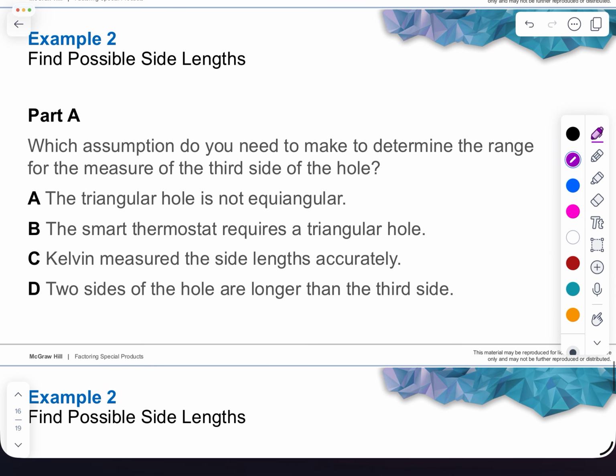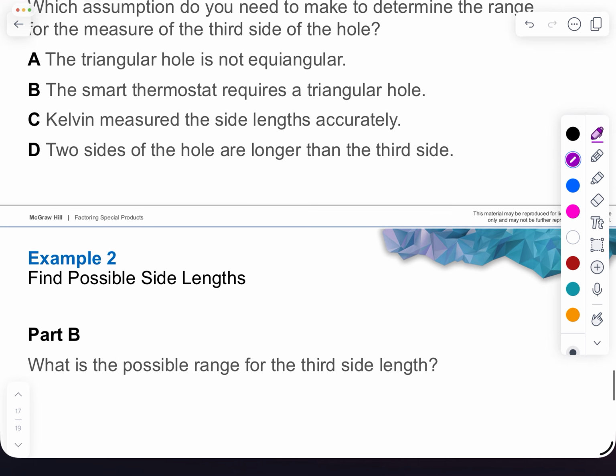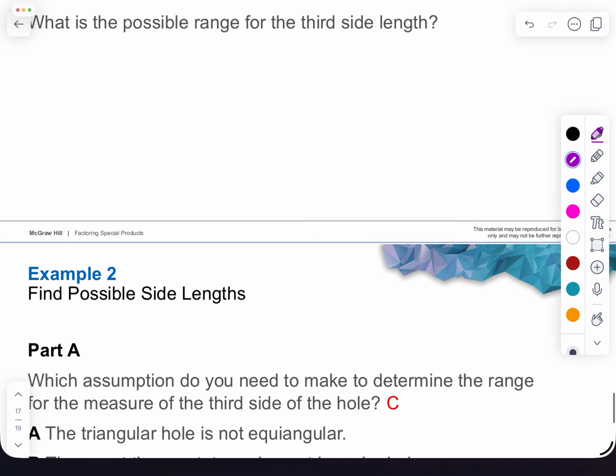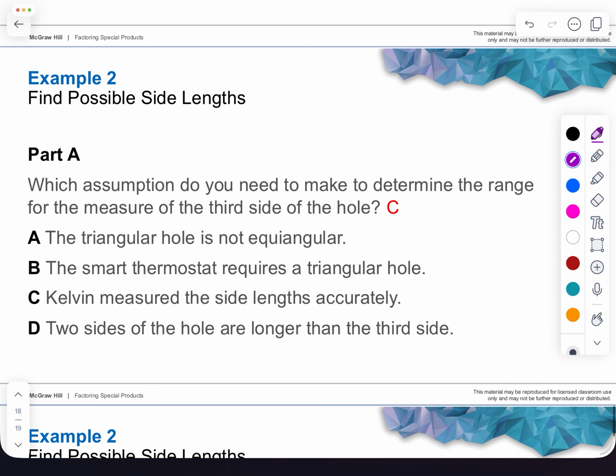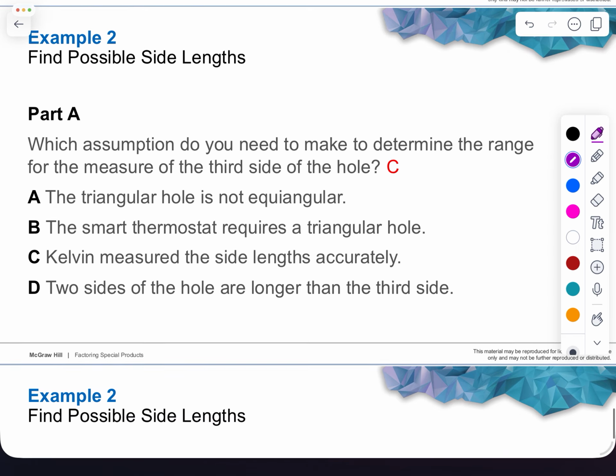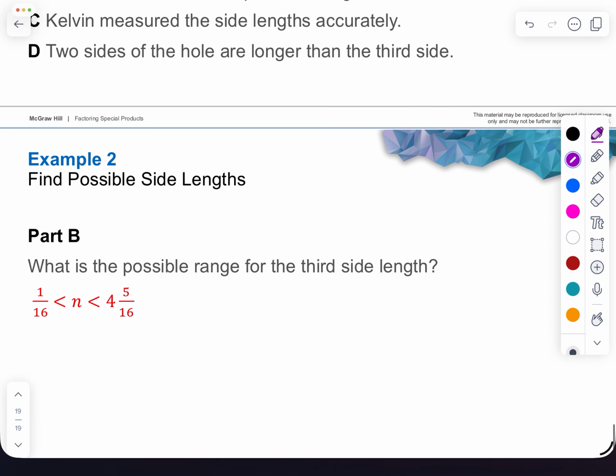Go ahead and pause me and solve part A and part B. All right, so for part A, did you find C, that he measured the side lengths accurately? And that B, the range is between 1/16 of an inch and 4 5/16.